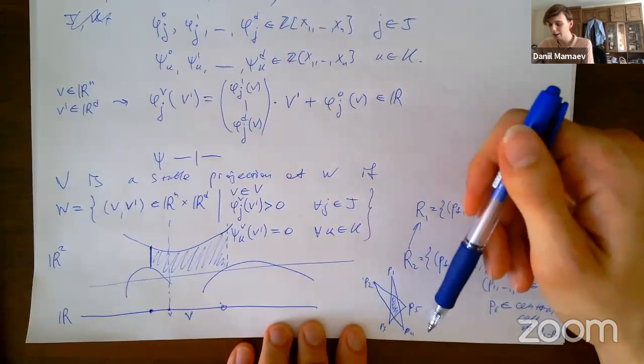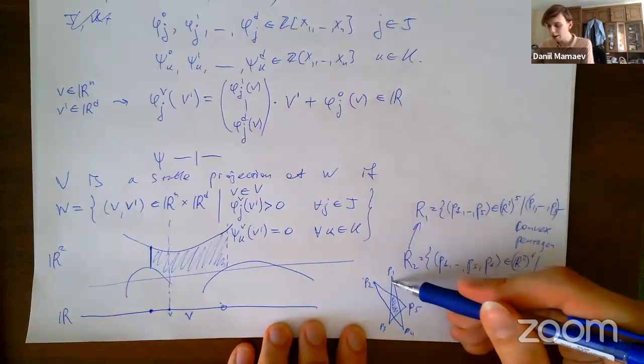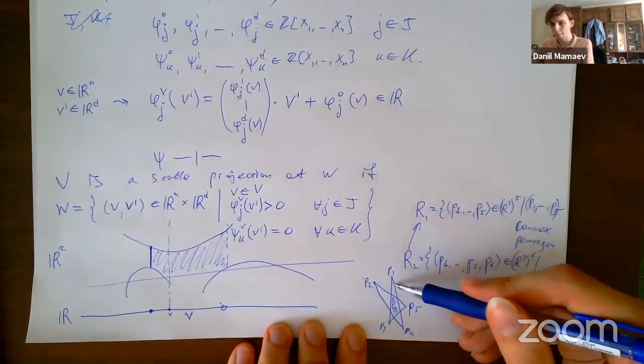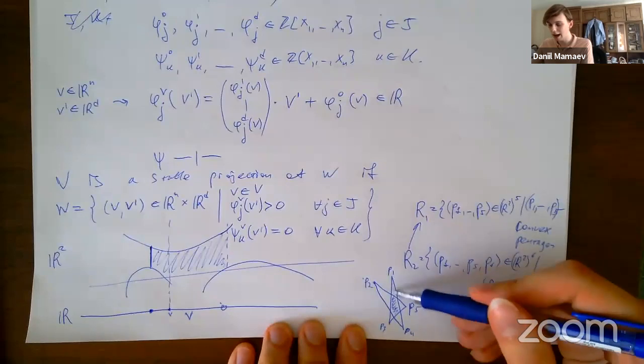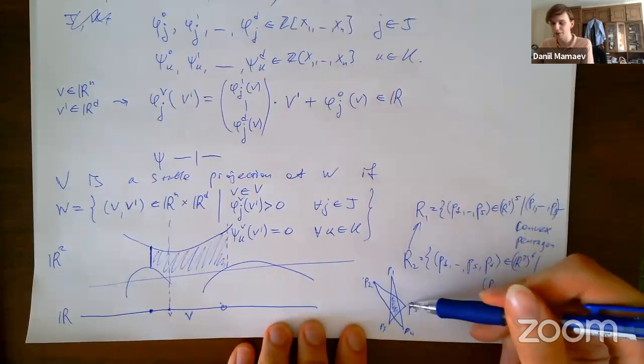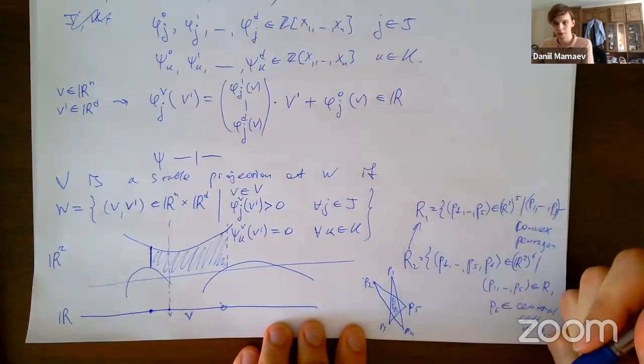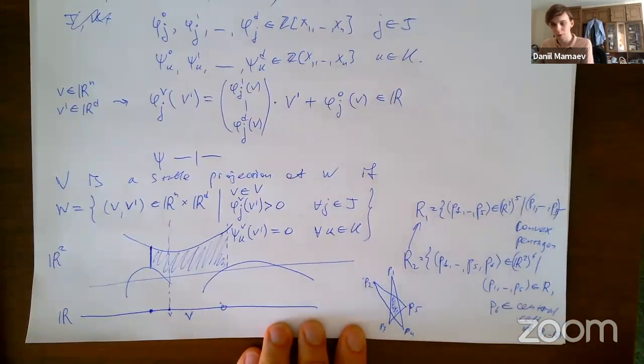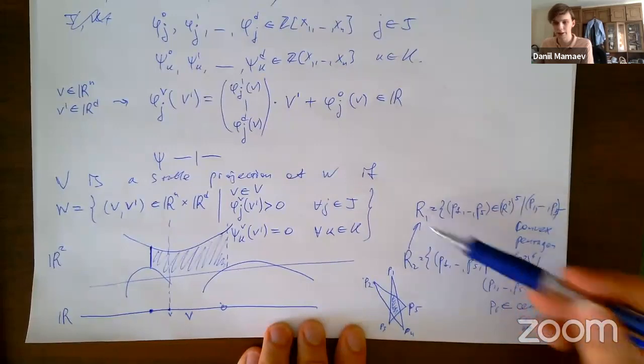You just write that it should lie on the same side of the line P1, P3 as P5, and so on. And you get some polynomial dependencies that determine this region. So this projection is indeed stable.